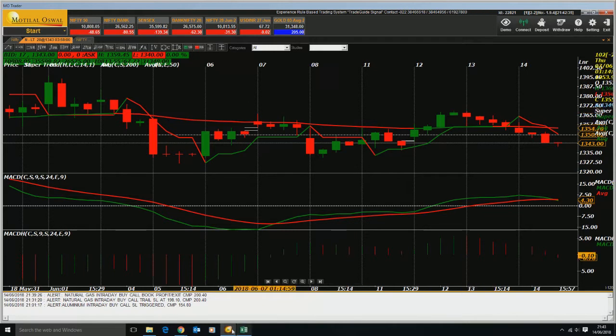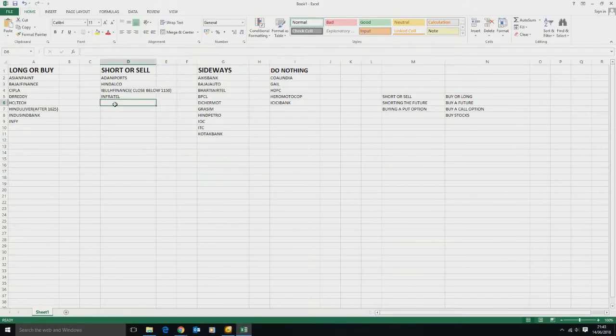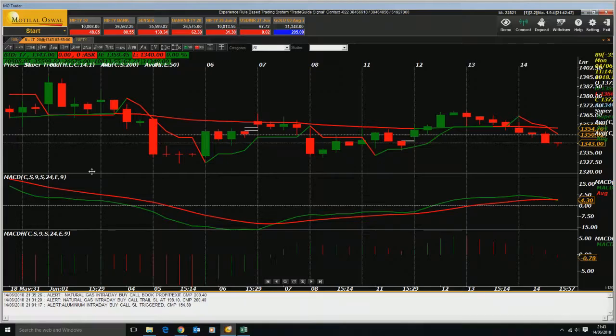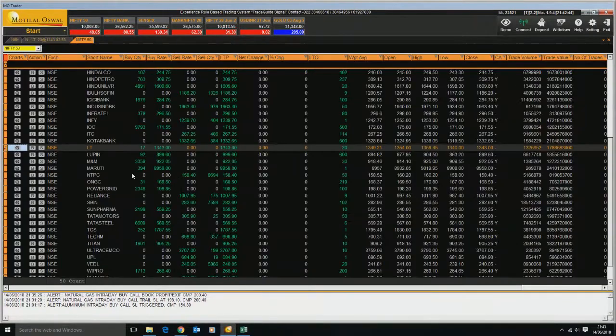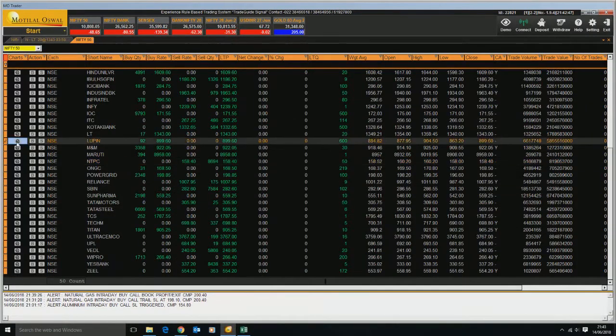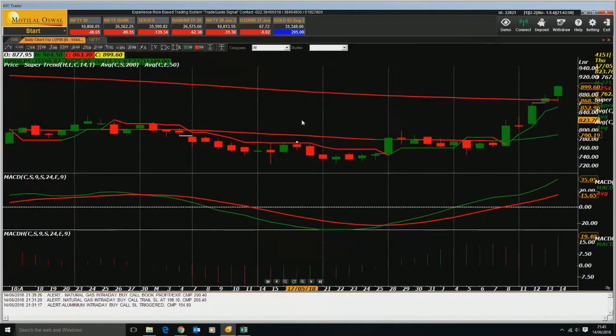So LT is a short, so I put this on my short list. And then I go for, okay, I have too many stocks, but anyways, I go for Lupin. Lupin is a confirmed uptrend buy for me.